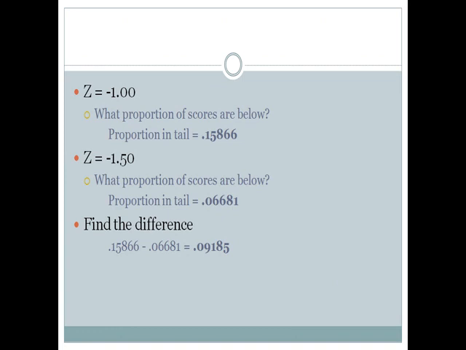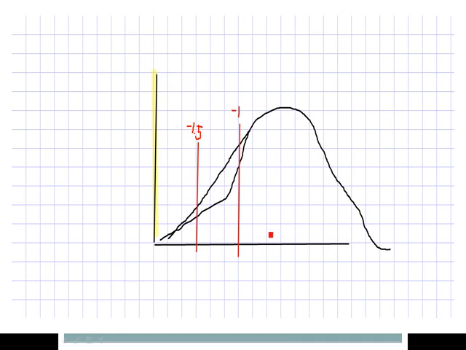Using these two pieces of information, we can subtract them from each other to find just the proportion that is between -1 and -1.5. So let's look at that on the graph. We found in the back of the book that the proportion in the tail for this z-score of -1 was about 0.16.